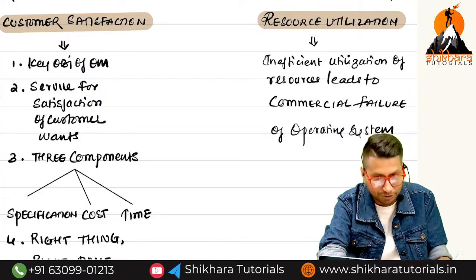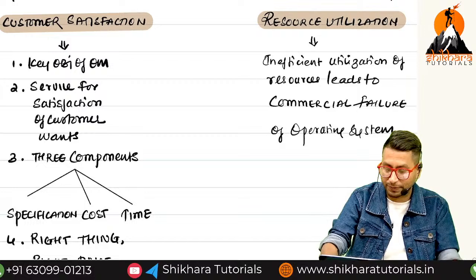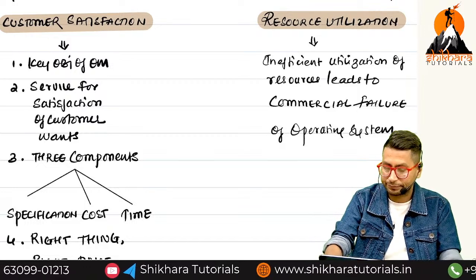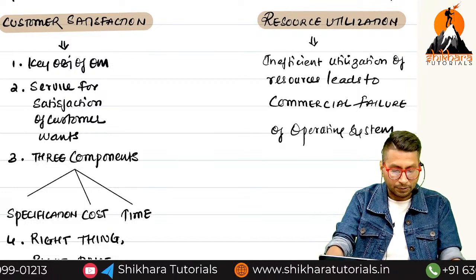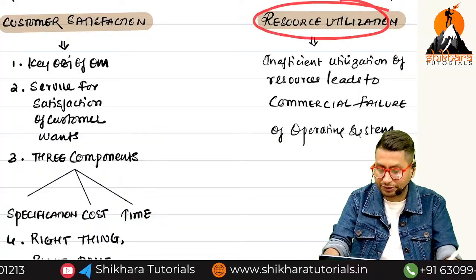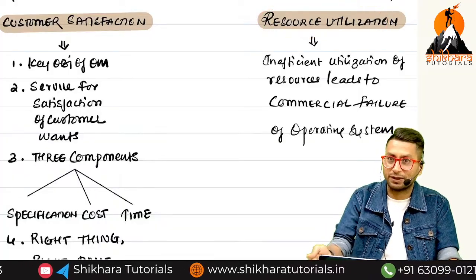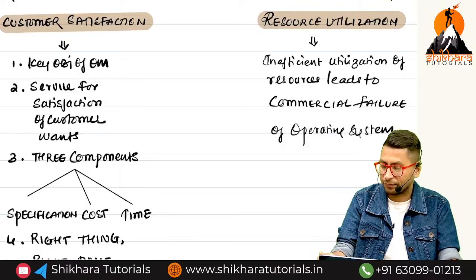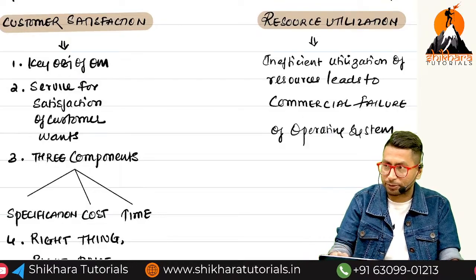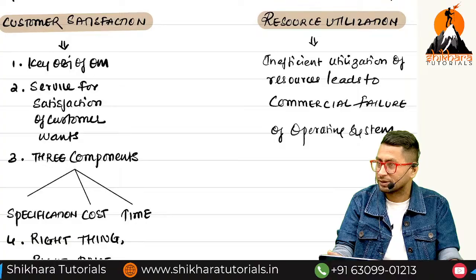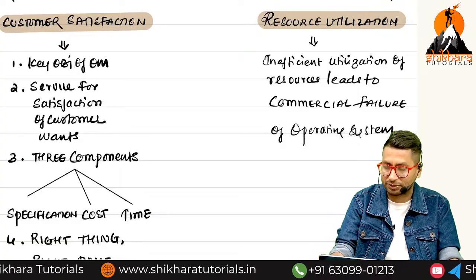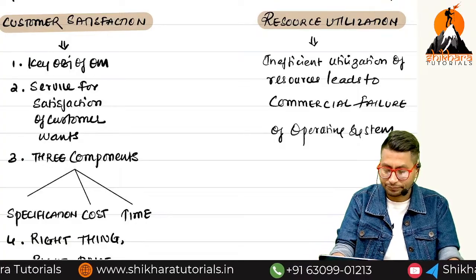My entire system will crash if I don't use my resources properly. Clear? So basically, what do we mean by resource utilization? I should minimize my wastage, not maximize it. Overutilization, underutilization or proper utilization. Minimize the loss, not maximize the loss. Simple. Clear?